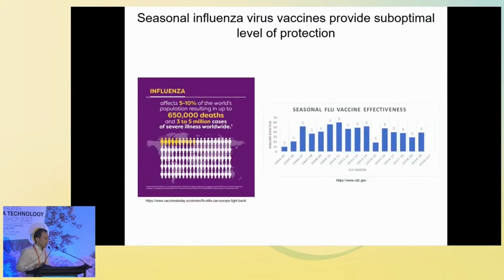It's needless to say that influenza virus infection causes significant morbidity and mortality every year. Currently used seasonal flu vaccines often provide suboptimal levels of protection. Most of these seasonal flu vaccines contain 3 or 4 inactivated viruses.